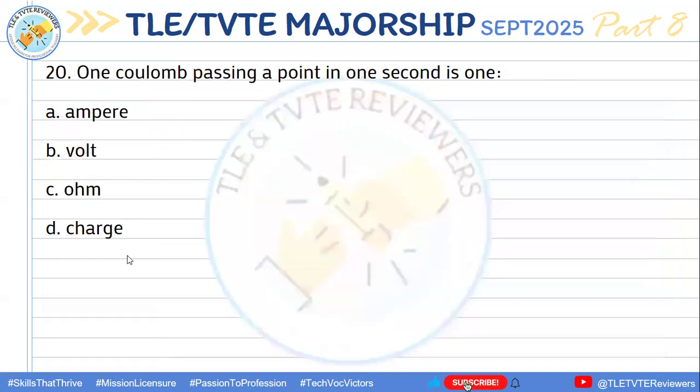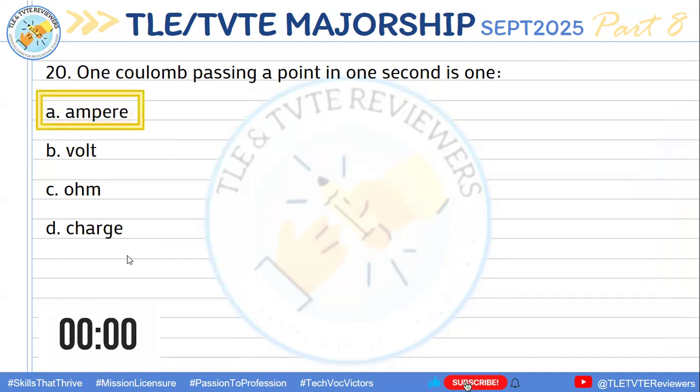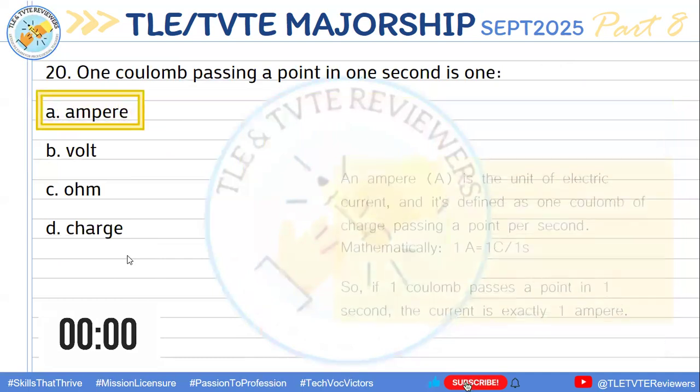Number 20, one coulomb passing a point in 1 second is A. ampere, B. volt, C. ohm, D. charge. Answer letter A, ampere.